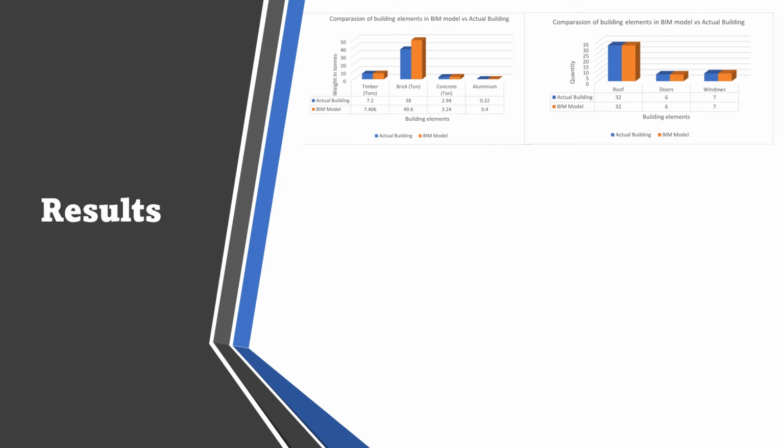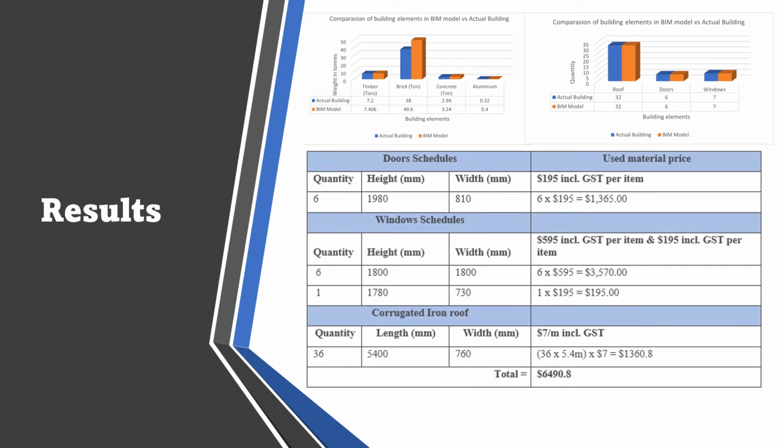If we were to put these recovered materials back into the market as used materials using this dollar value, this is the sort of figure we're looking to generate: $6,490.80 just for this roof, doors, and windows.